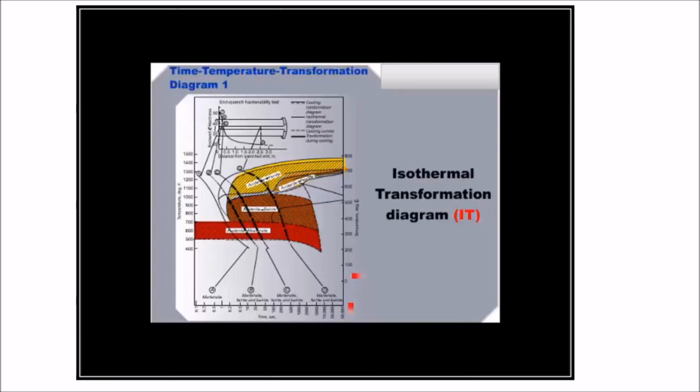A similar diagram, the CCT, or Continuous Cooling Transformation Diagram, shows the changes that occur during continuous cooling from the austenitic range. These two types of diagrams agree quite well. The display on your screen depicts the continuous cooling transformation characteristics of type 8630 steel.